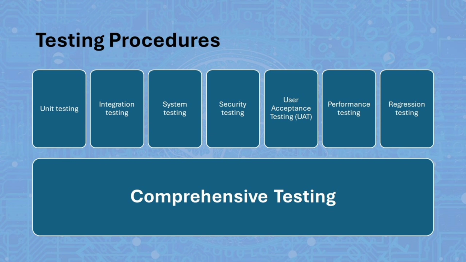Security testing. Identify vulnerabilities using tools like OWASP, ZAP, or Group-5 and perform penetration testing. User acceptance testing (UAT). Engage end users to test the system in real-world conditions and provide feedback. Performance testing.